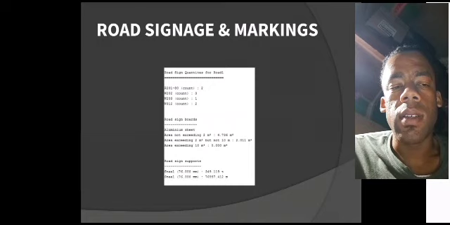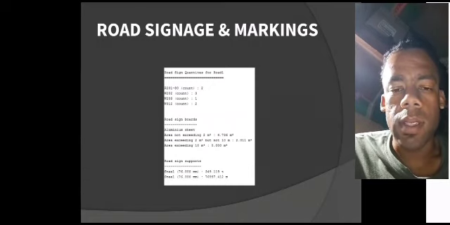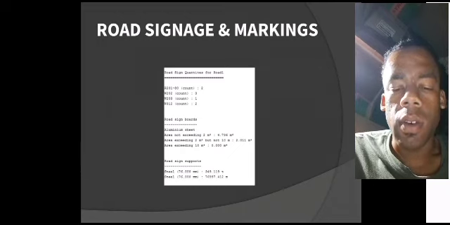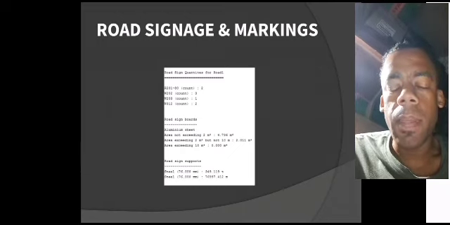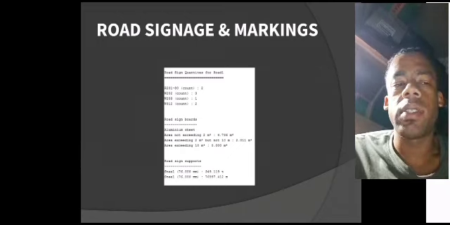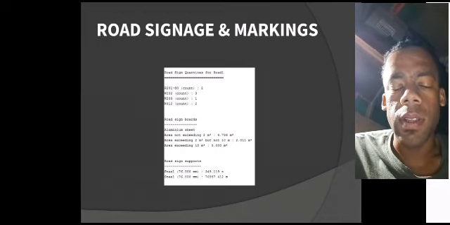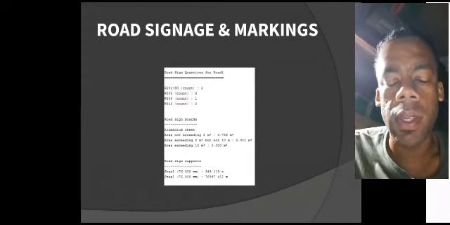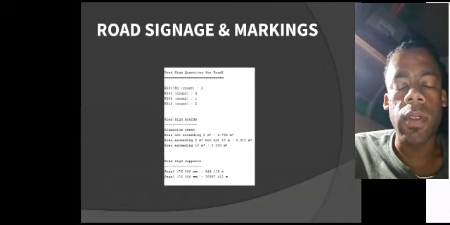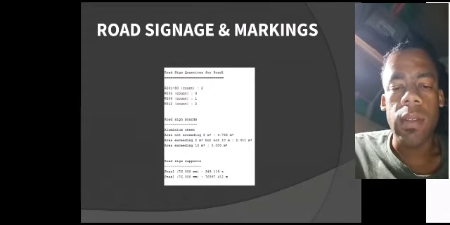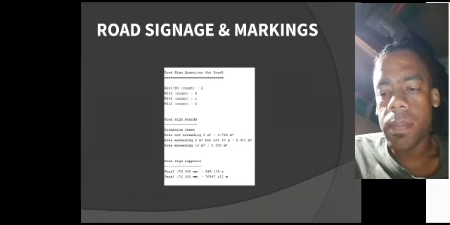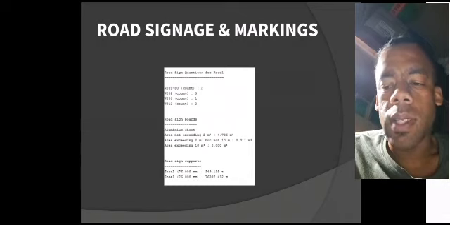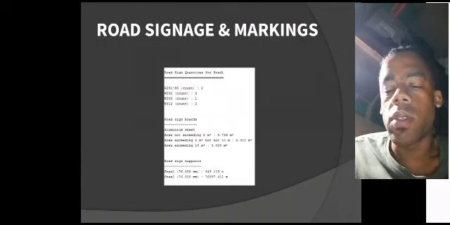Since it is in a rural area, I placed animal warning signs, just to show that there are animals present, as well as a sign at a curve to say that the road is starting to curve, that you should just be aware, to promote more safety for the drivers to slow down and drive safely. And then it also generates the support that is needed for those road signages.